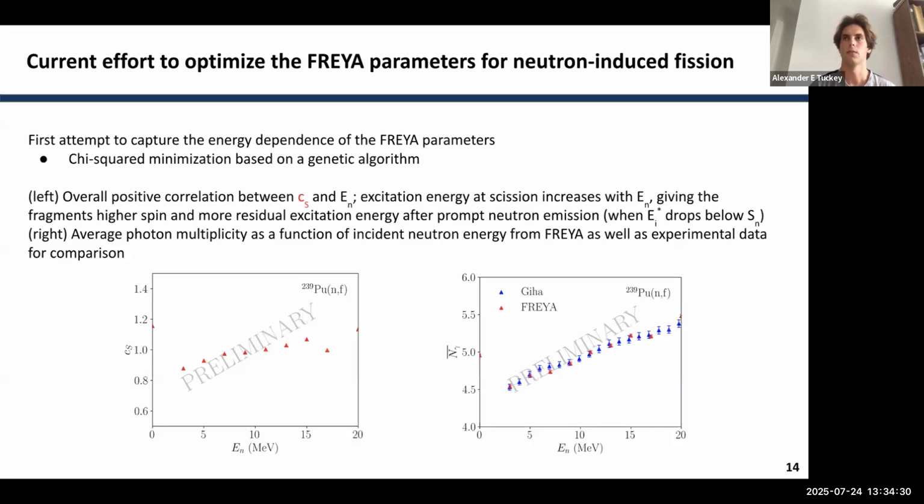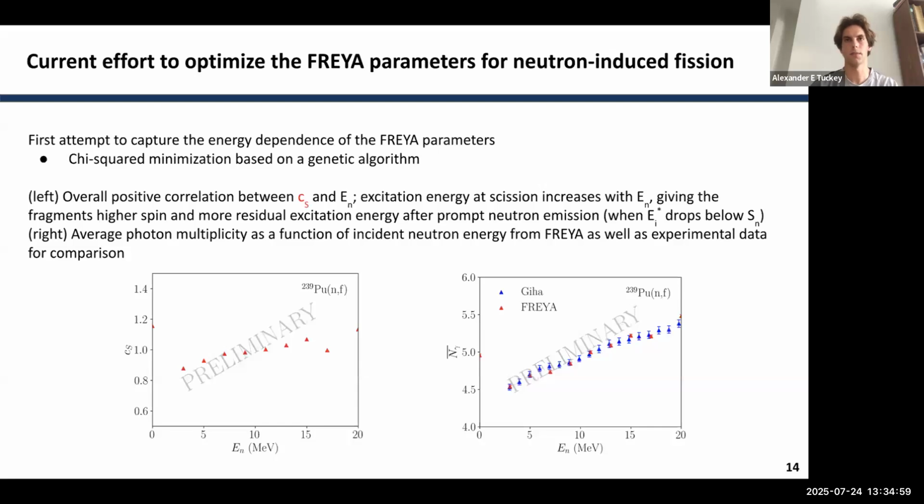And we sort of expect this intuitively from a physics standpoint, because as we increase the incident neutron energy, we are increasing the excitation energy of the fragments and therefore their spin. And since CS determines the spin fluctuations, an increase in CS gives the fragments more spin.